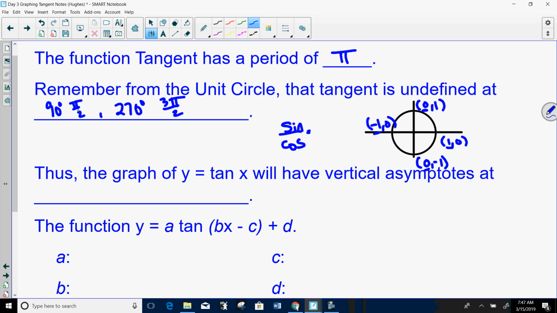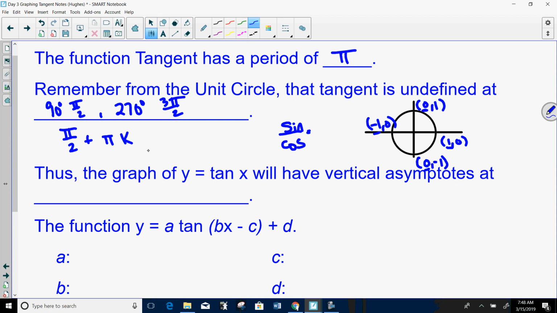So every 180 degrees, you would have an asymptote. You can also write it as pi over 2 plus pi k, kind of like what we did when we solved equations with the basic trig functions. To find all the angles, you have to do the plus 360k. Here you have to do the plus pi k because that's how far they are apart, pi radians.